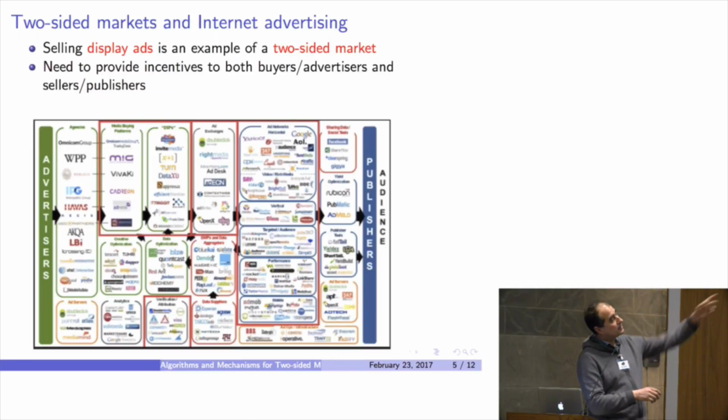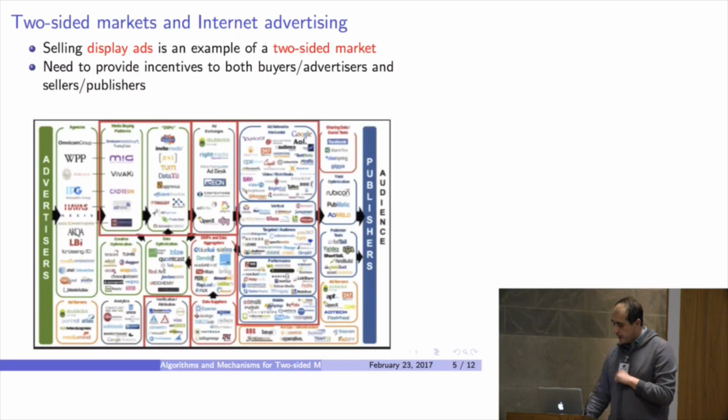The real exchange is just in the middle, at the fourth layer. For example, Google DoubleClick is there. So these are complicated problems and complicated markets, and a lot of economic theory and a lot of computer science are needed in order to operate them.